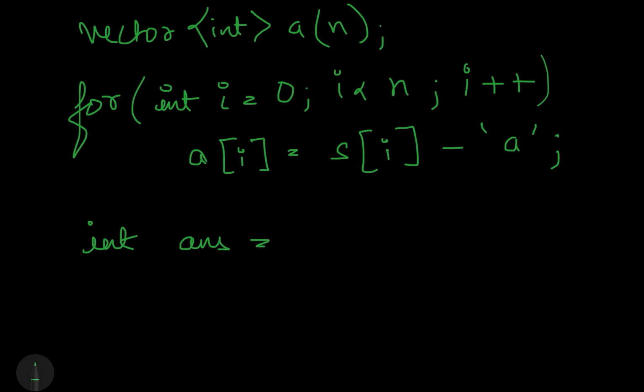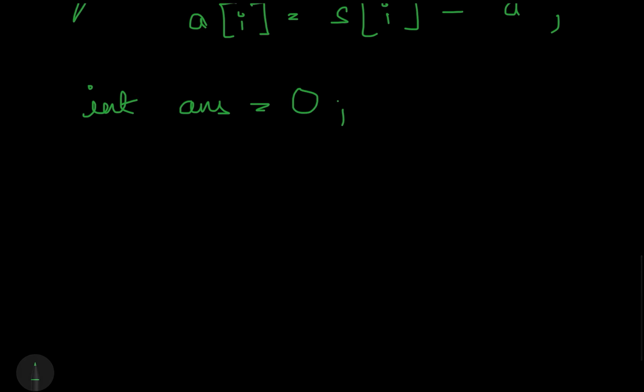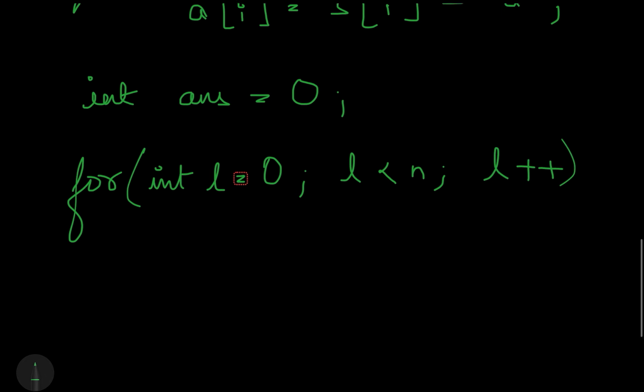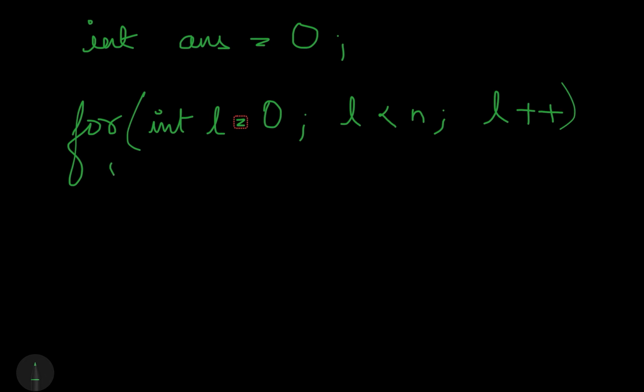Now we'll store our answer in a variable, which we'll define initially as 0. Now we'll iterate through the string: L equals 0, L less than N, L plus plus. And what condition will we check?